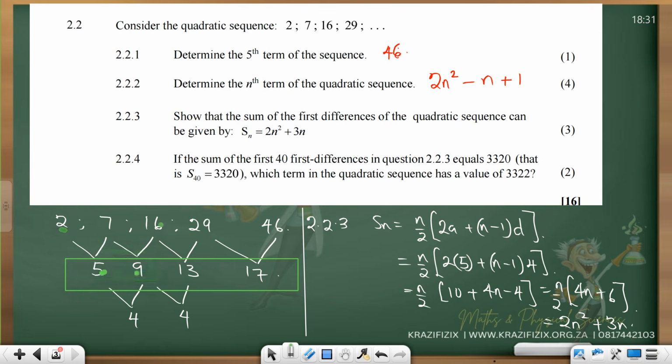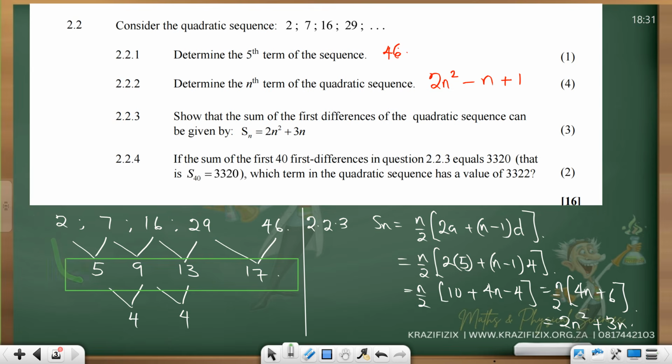Now, 2 plus 5 plus 9 is already what? 16. Add the next to it, I'll get 29. So it's a matter of just walking that way. Wait, how would you have gotten 46? Add all of this together, plus 2. So it's just a system there.